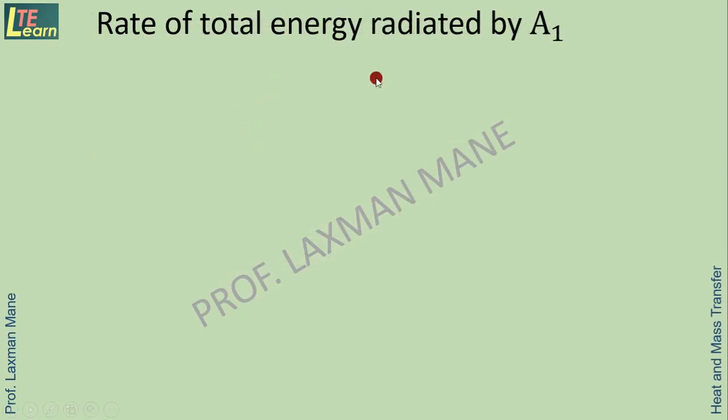So the rate of total energy radiated by area A1, Q1, will be equal to A1 into sigma into T1 raised to 4, where sigma is the Stefan-Boltzmann constant for radiation.